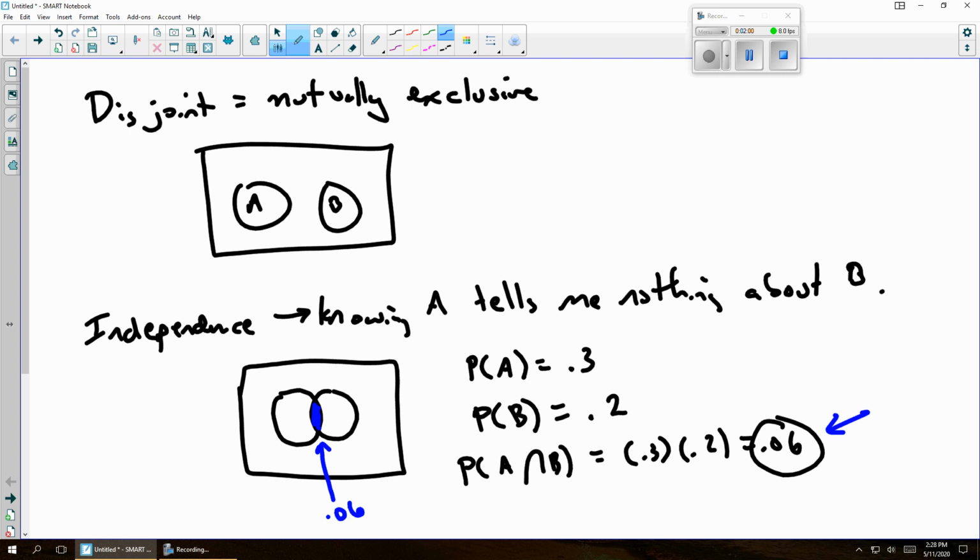Now if the left circle represents A, so 30% is A, that means this part must be 24%, so that together the entire left circle is the green plus the blue. And if this is 20%, then this would be 0.14, so that the right circle, or circle B, adds up to 20%.